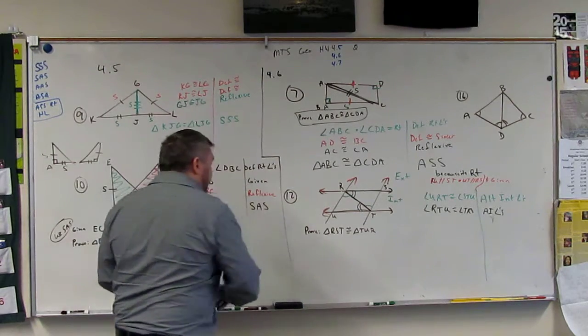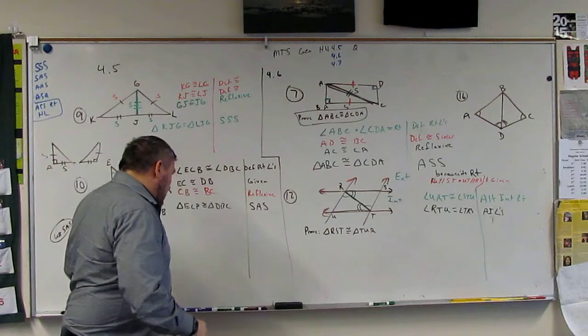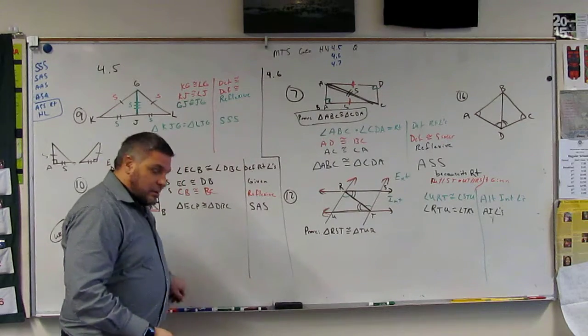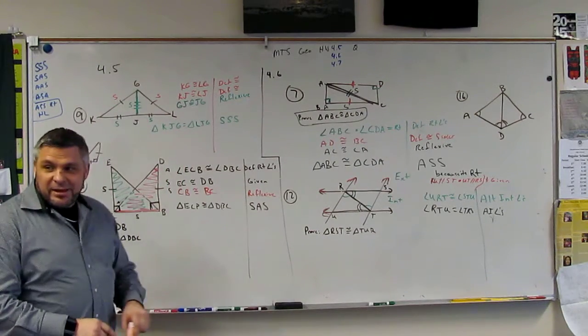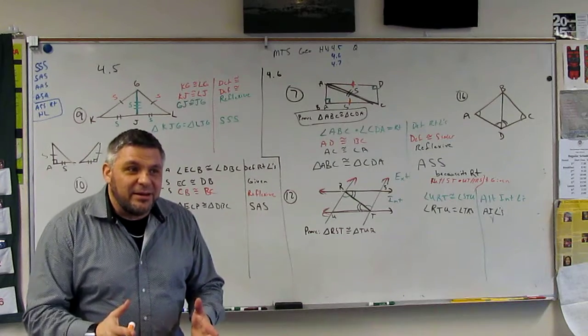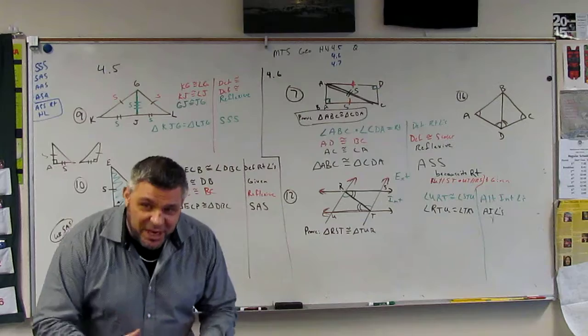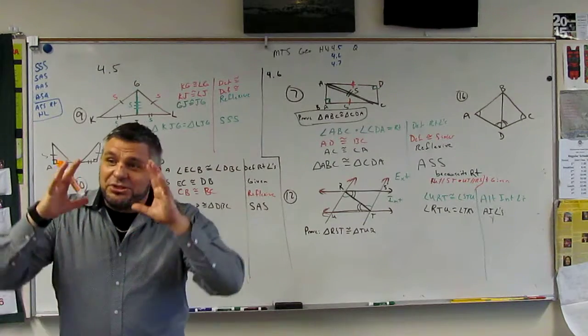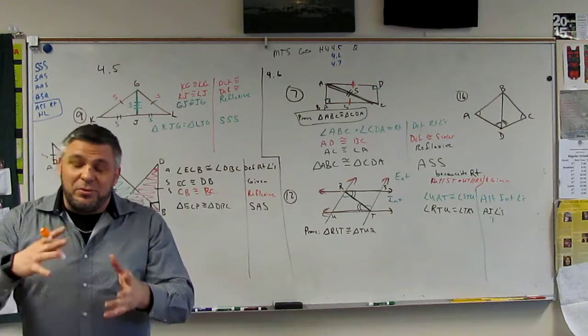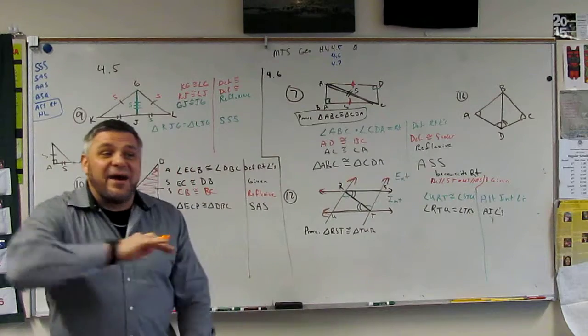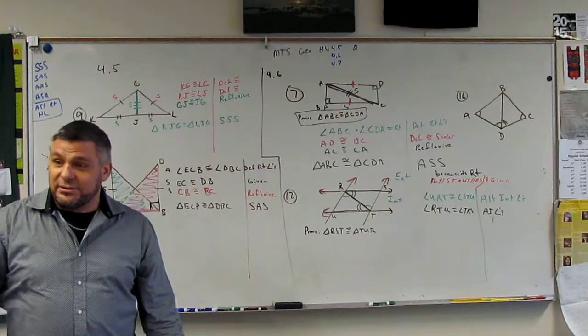What do we always look for? Come on, people. Sharing a side. Always. Always. This whole chapter, I guarantee you, sharing a side. If you look for sharing a side, half of your problems will be solved.